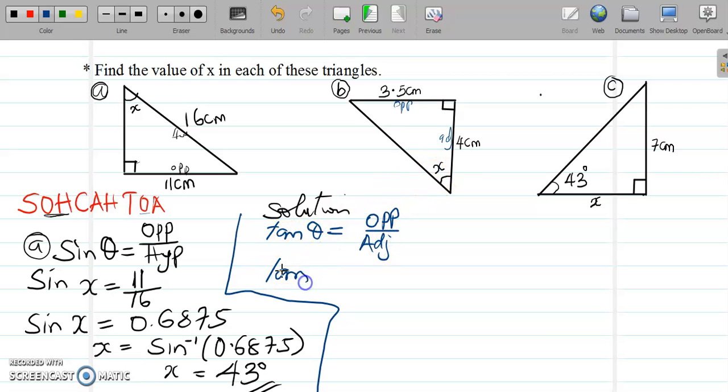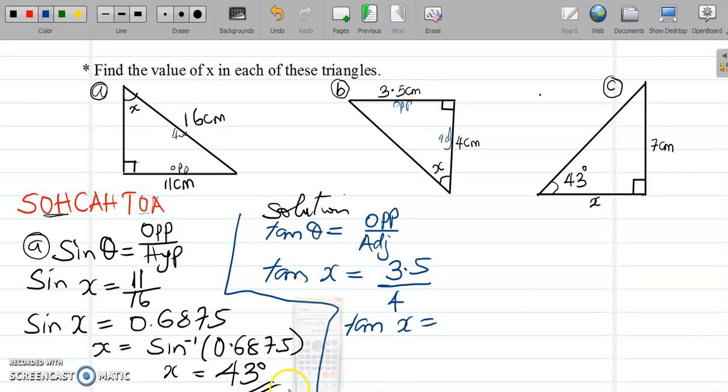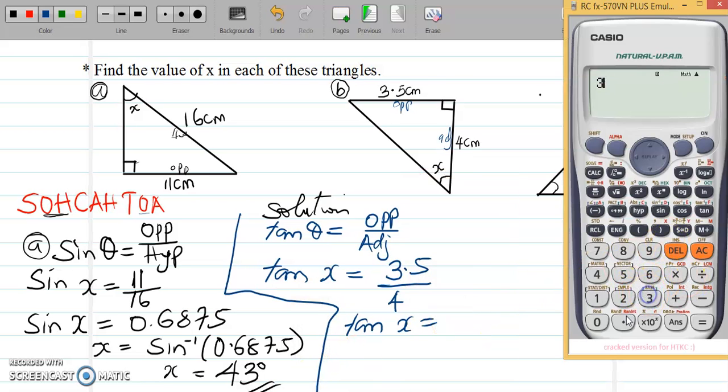We have tan x, opposite is 3.5, adjacent is 4. So tan x will give us 3.5 divided by 4, which is 0.875.